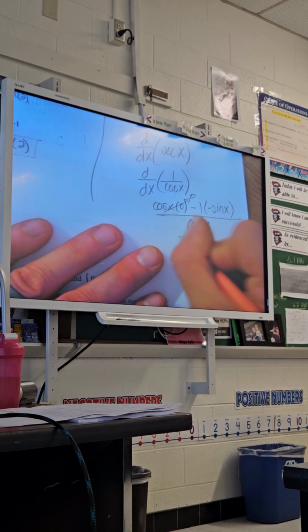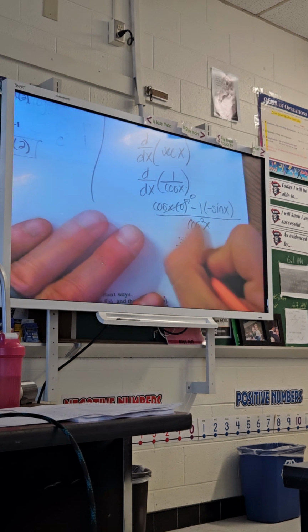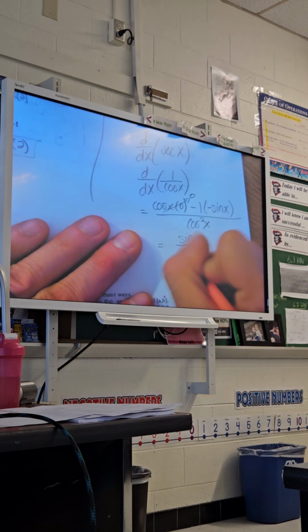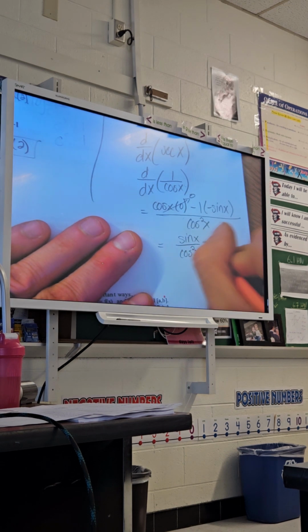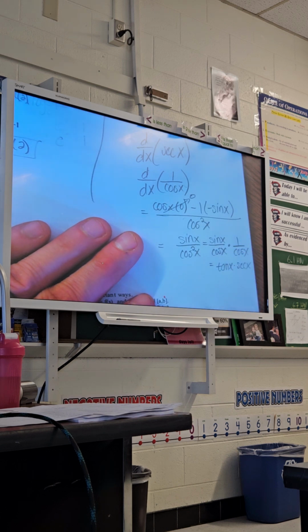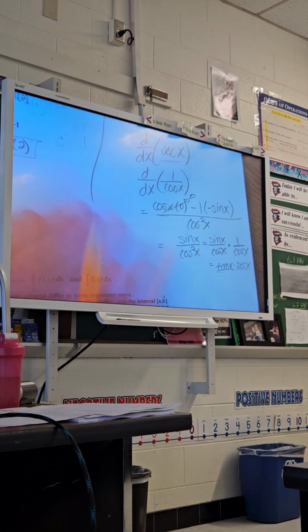So I'll have sine x over cosine squared x. And I need to split one of the cosines up and leave a cosine here and then put a cosine at the end. And I will find that this is tangent times secant. Which means the antiderivative of this is what we started with. Secant.